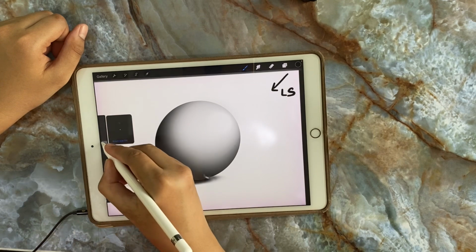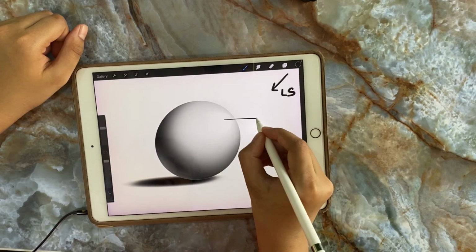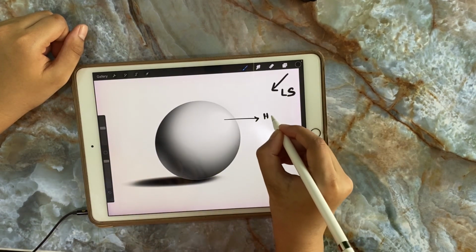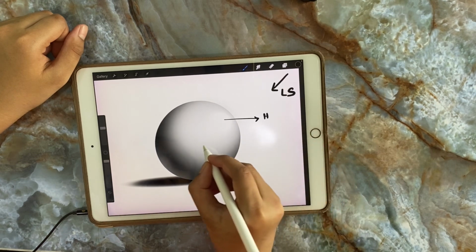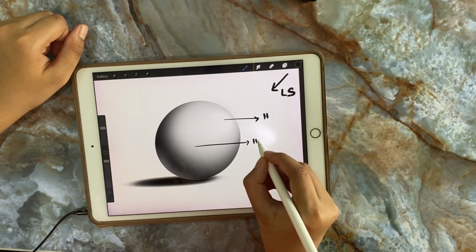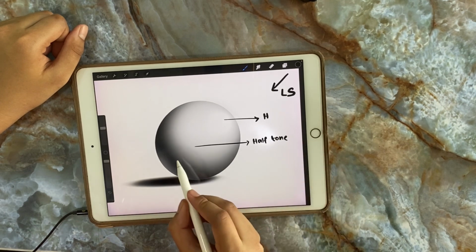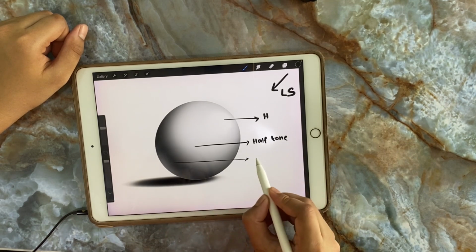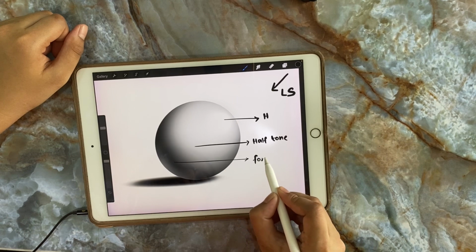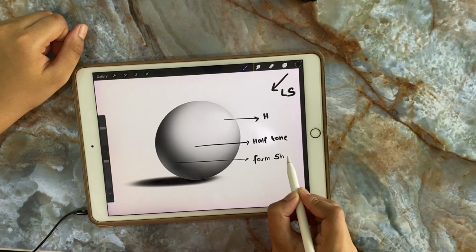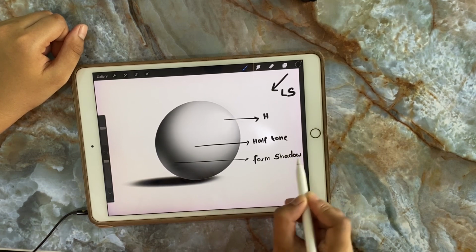I'll list them out. The highlight, the half tone, the form shadow.